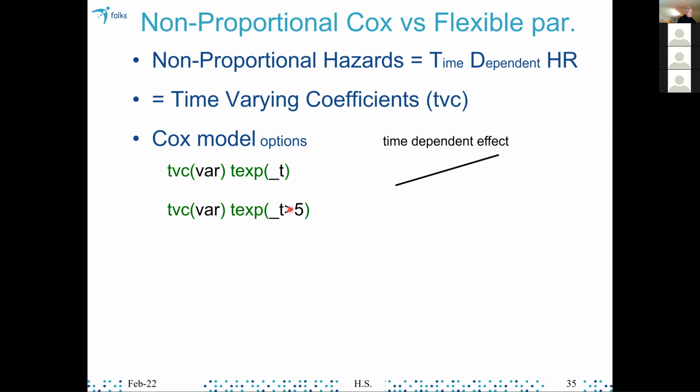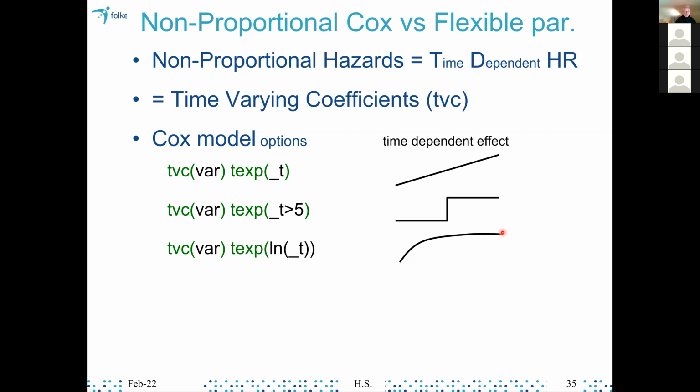More interesting might be this one. _t larger than 5 will give me a step function. So here is the effect before 5 years, and here is the estimated effect after 5 years. You can also put in a log of time, and here is my best impression of a log function.